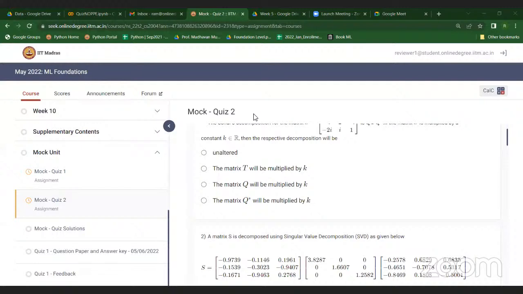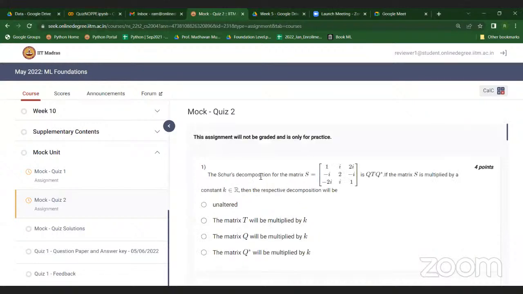Problem 1, 2, 3, right? So we have this decomposition for the matrix, S equals Q T Q transpose. If S is multiplied by a constant K, then what will the respective decomposition be?